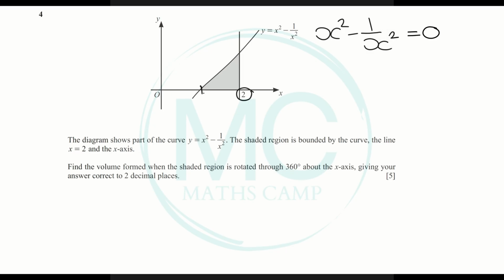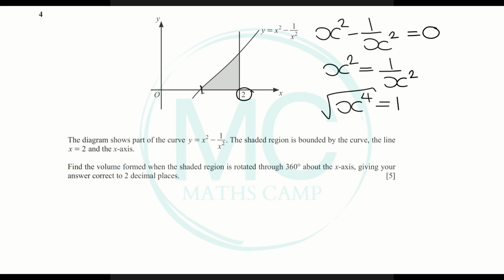To solve for x, let's move our fraction to the right. We get x squared is equal to 1 over x squared. Let's multiply both sides by x squared. We get x to the power of 4 is equal to 1.